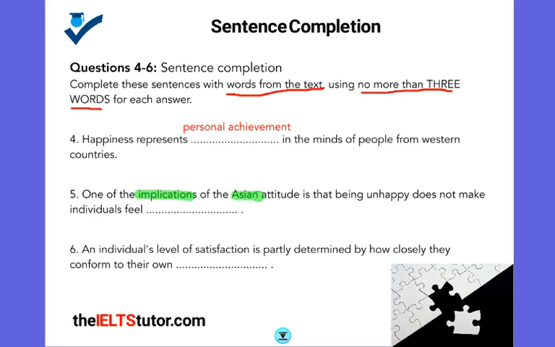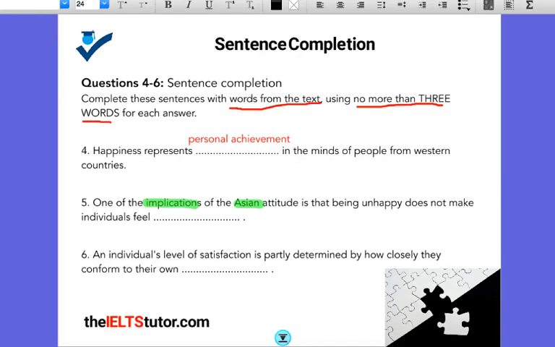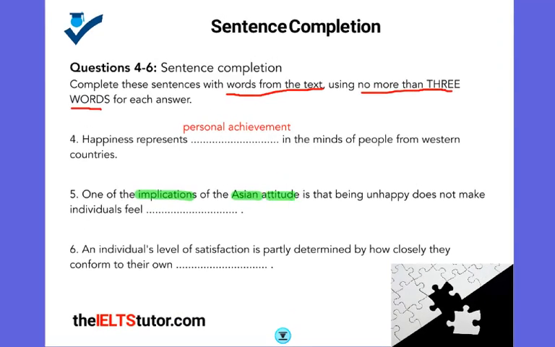Asian, so you have to find something related to the Asian attitude and unhappiness. It doesn't make individuals feel what? So, where do you think you're able to find this?